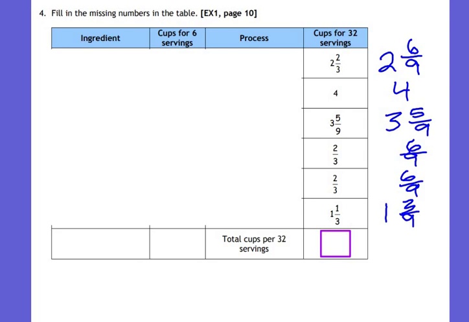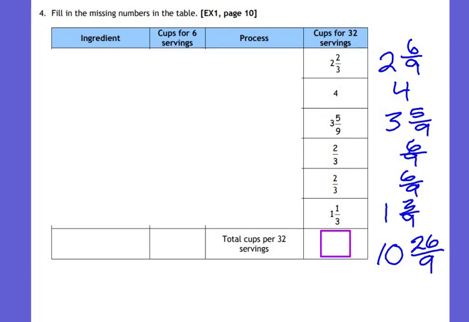I would probably add all my whole numbers first. 2 plus 4 is 6. Plus 3 is 9. Plus 1 is 10. Then I would add my numerators. 6 plus 5 is 11. 11 plus 6 is 17. 17 plus 6 is 23. 23 plus 3 is 26 over 9.